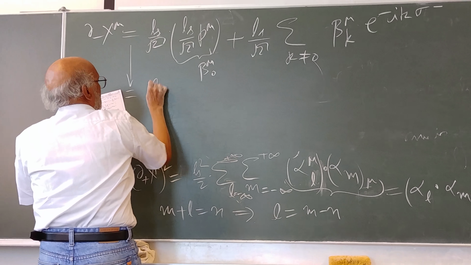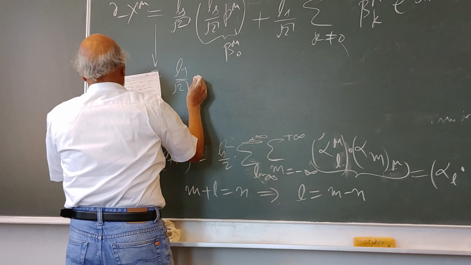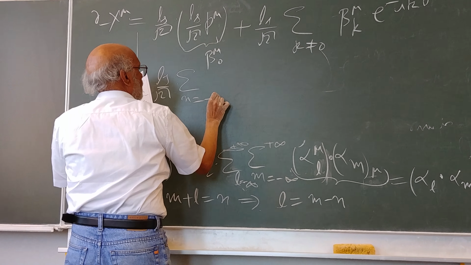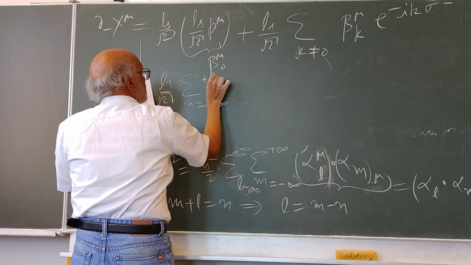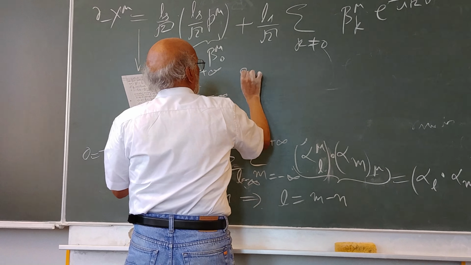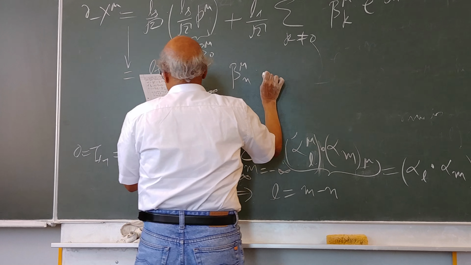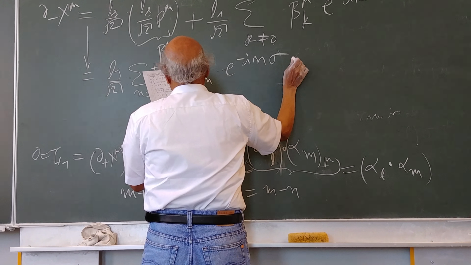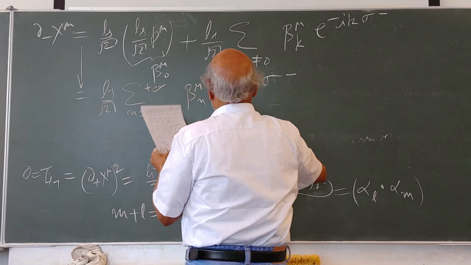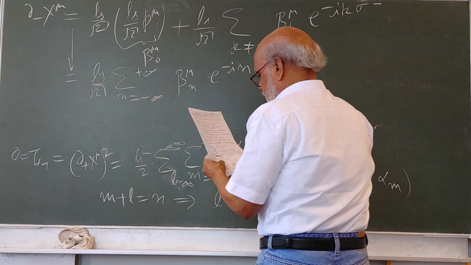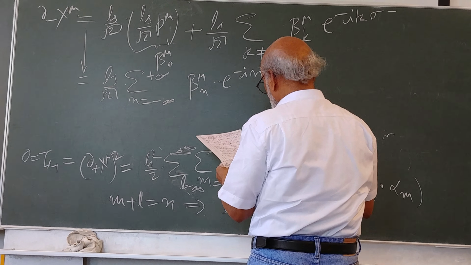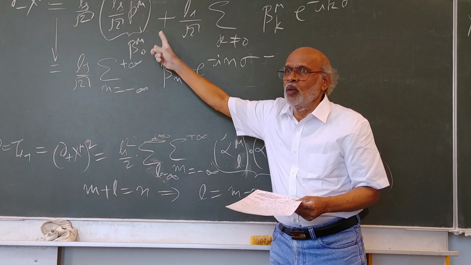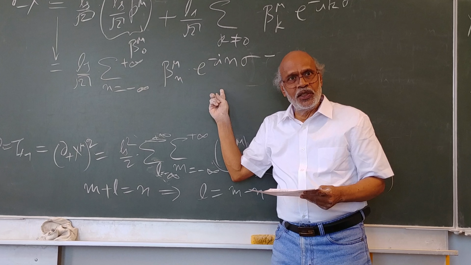So I would write ls by root 2 summation over n from minus infinity to plus infinity, beta mu n e to the power minus i n sigma minus, and so here we have included beta 0 mu also in this series.